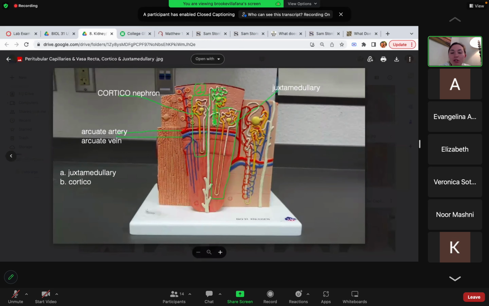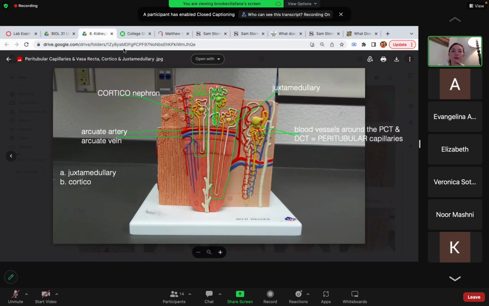All right, last thing. Around the proximal convoluted tubule and the distal convoluted tubule, we have some blood vessels. The blood vessels that are around the proximal convoluted tubule and the distal convoluted tubule are called peritubular capillaries.